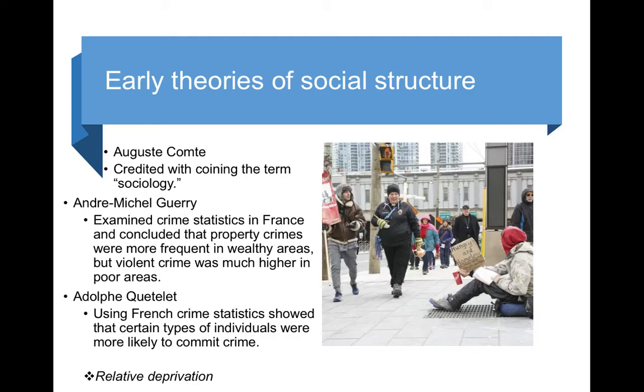Now, when we start to discuss these theories, we're going to look at Europe during the early to mid 1800s and what was going on there at that time. The work of these theorists was largely inspired by the social dynamics that resulted from the Industrial Revolution.